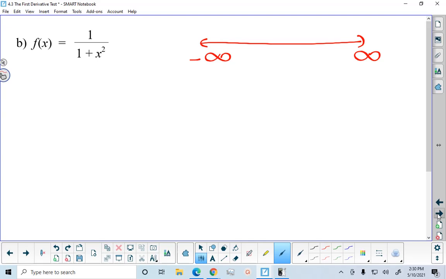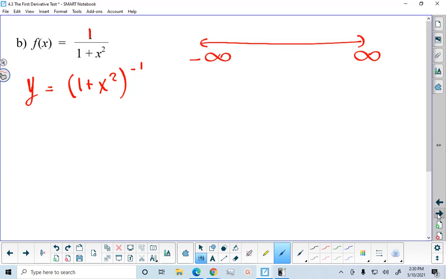Let's find the derivative. First of all, in order for me to find the derivative, I would much rather think of this as the function. If you're going to use 1 over 1 plus x squared, and some of you will, and that's fine, you're just going to have to remember that when you use the quotient rule, the derivative of the top will be 0.